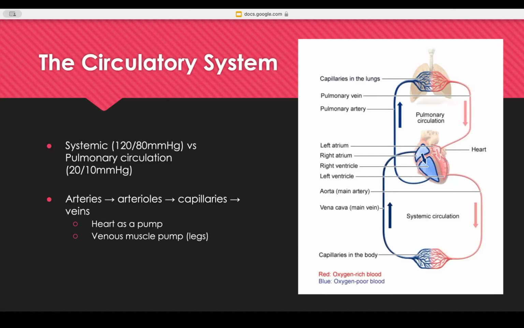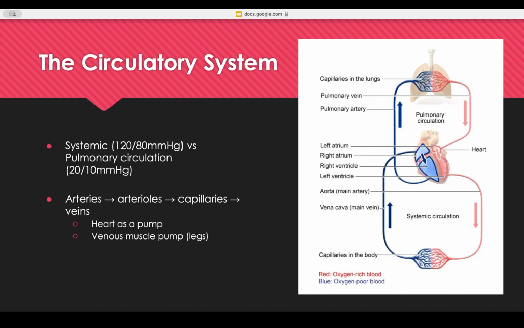This is because the two systems need to be pumped at different pressures, with the left side in systemic circulation being at, as I said, 120/80, and this high pressure is needed so that the body is well perfused, whereas on the pulmonary side of the circulation, a much lower pressure of 20/10 is needed, as the tissue in the lungs is very delicate, and if it was pumped at such a high pressure, then it would be destroyed.